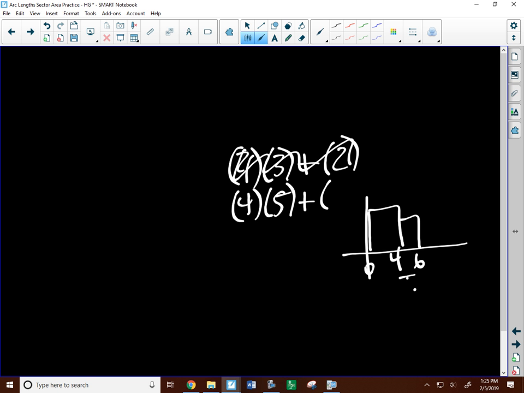So the base is 2, what's the height? 3. Yeah. The height on the left side at 4 is 3. Then the next one was from 6 to 7, so the base is 1. And the left height at 6 is 2. I kind of like the table ones.